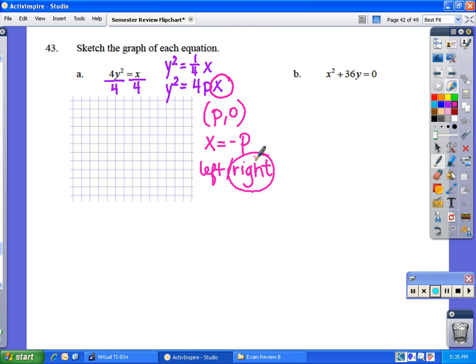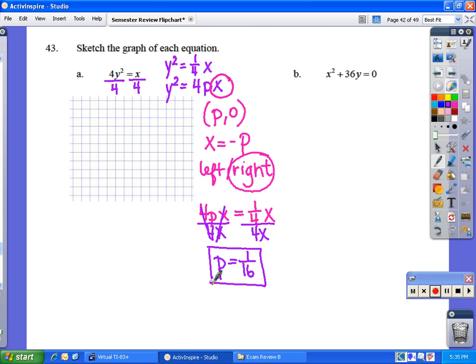Now let's set 4px equal to 1/4 x. And this will help us determine p. In order to get p by itself, we'll divide each side by 4x. p is now equal to 1/4 divided by 4, or 1/16.